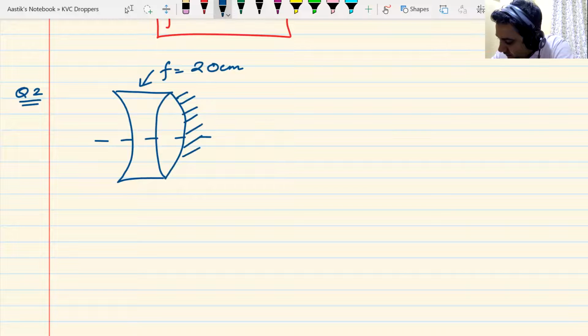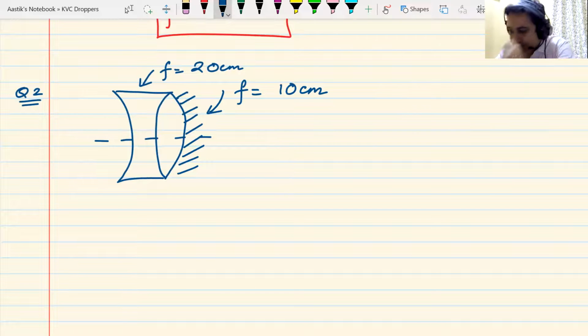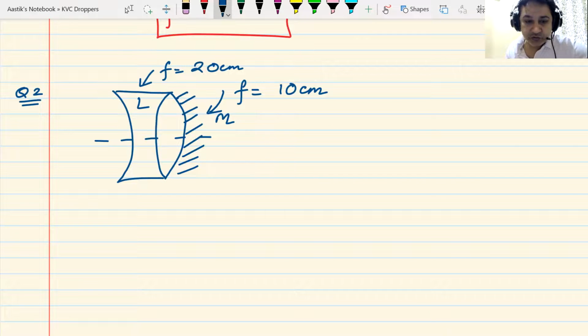Do we understand this? Yes, sir. Focal length is 10 centimeters. Can you tell me what will be the focal length of this combination? This is a concave lens and this is a concave mirror. Can you give me the answer? I'll give you a minute.